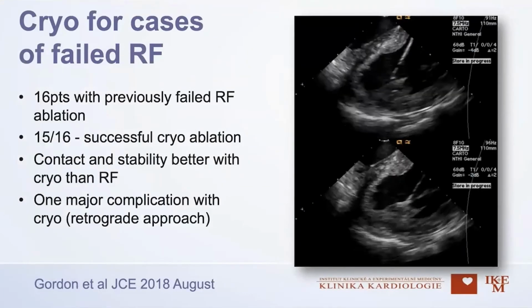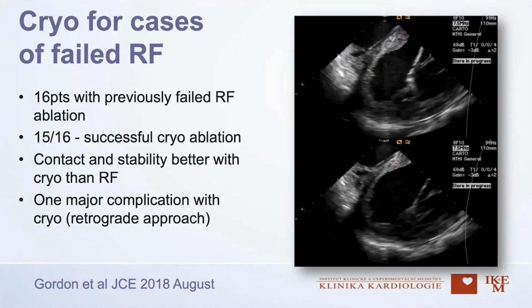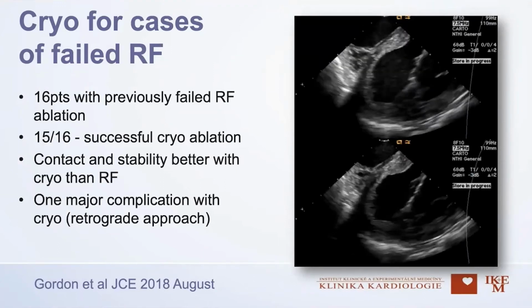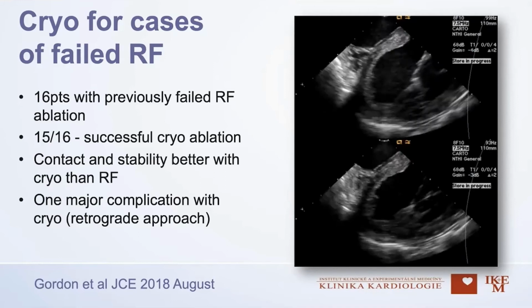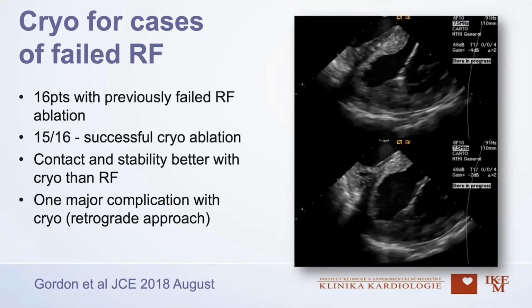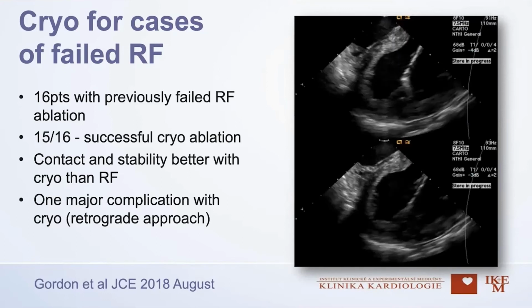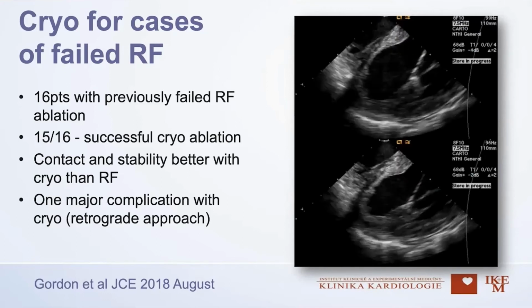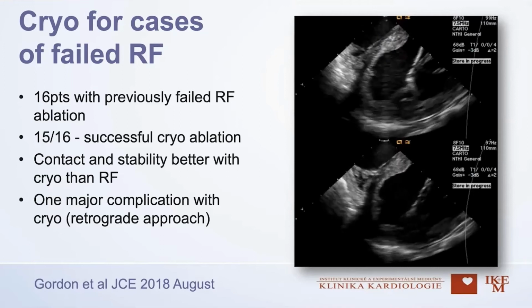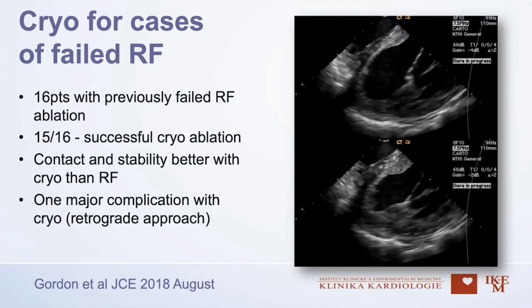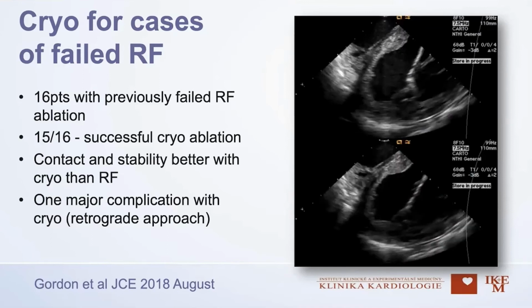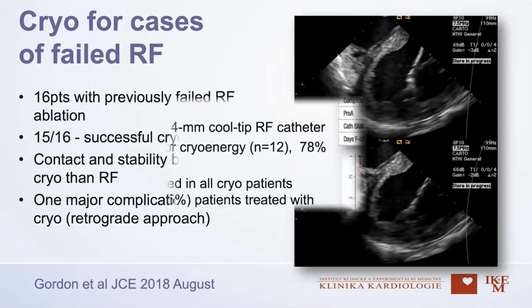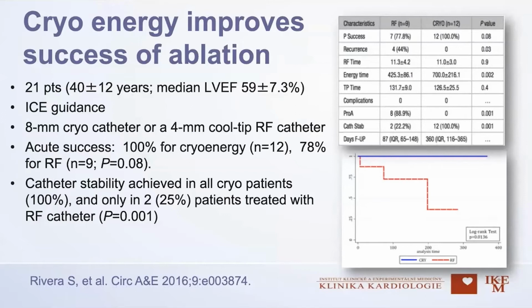What to do if you cannot ablate because of instability? You can switch to cryo. And this was a case report, this is already a case series, showing that if you use a cryo catheter, you can attach the catheter to the muscle during freezing, and you can be more successful than with radio frequency current.